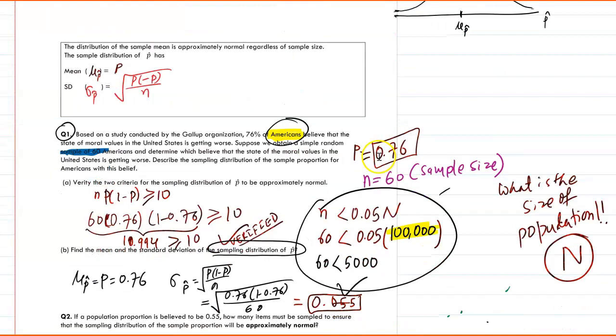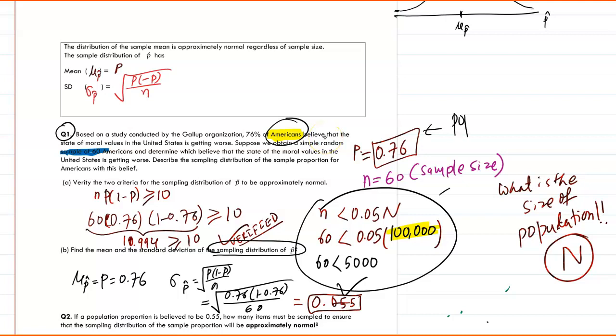Okay, let's do question number 1. Based on a study conducted by the Gallup organization, 76% of Americans, and the 76% here represents all Americans. That means 76% is lowercase p, the population proportion. As a decimal proportion it's going to be 0.76.